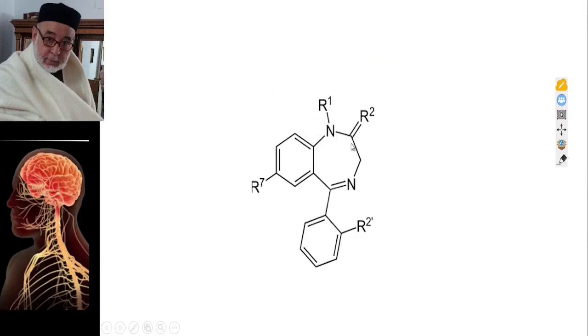The name itself is divided into three portions: benzo, diaz, epine. The benzo belongs to the benzene ring, which is fused to the ring system. So this is a ring system of 7 atoms fused to benzene. This is the first name, benzo.